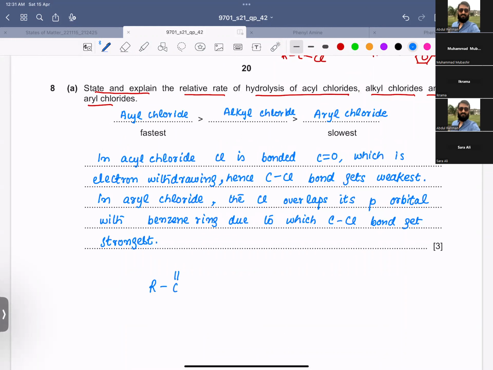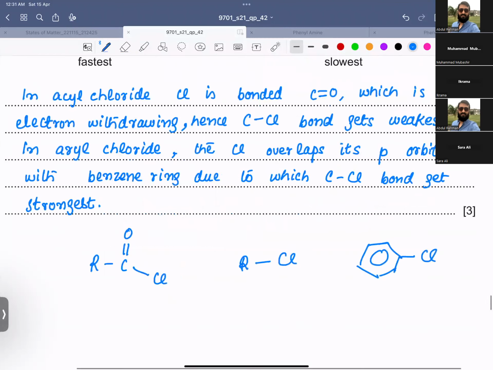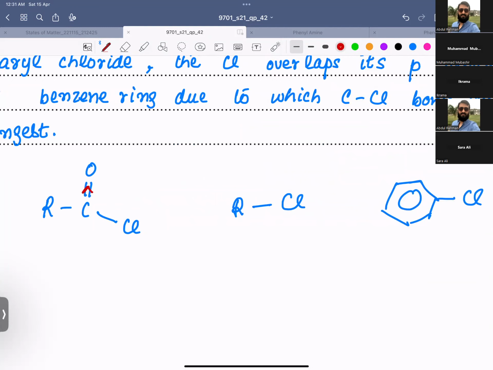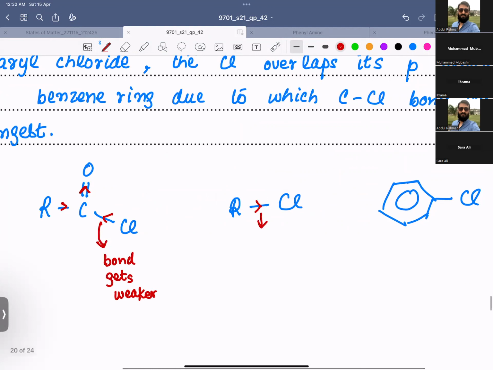So the thing is over here, this is an acyl chloride, this is an alkyl chloride, and this is an aryl chloride, right? So in acyl chloride, this oxygen withdraws the electron, and due to this, this bond gets weaker. Here, alkyl is electron donating in nature, so it induces its electron towards chlorine. As a result, this bond stays as a strong bond.